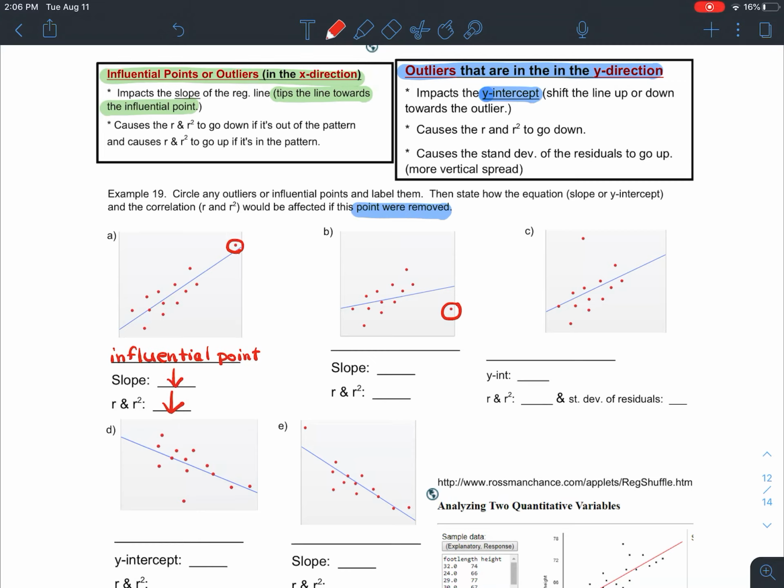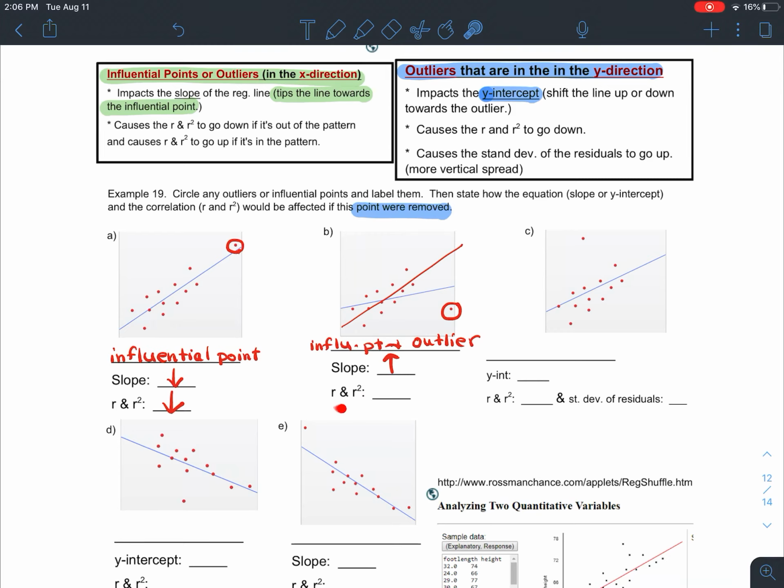All right, let's look at another one here. Here we have, looks like this would be our point. Now that doesn't quite feel like it's in the same general trend and pattern as that other clump of points. Now it is in the far right, so I'm definitely going to call that an influential point, but I'm also going to call it an outlier. This line is definitely being tipped down towards that.